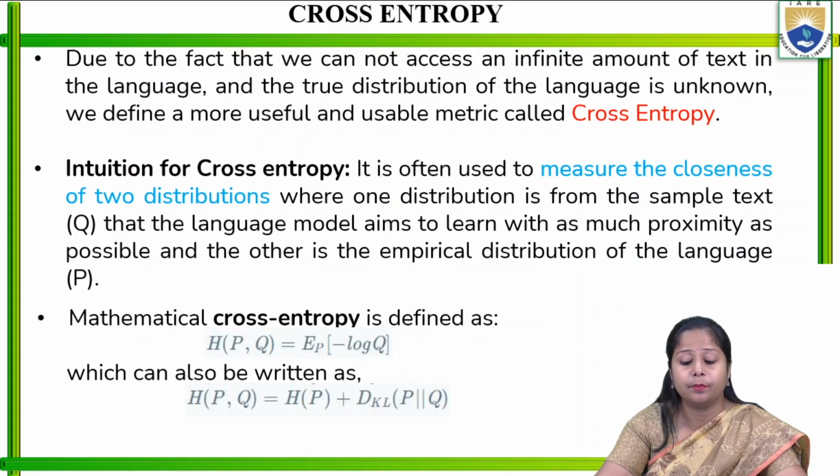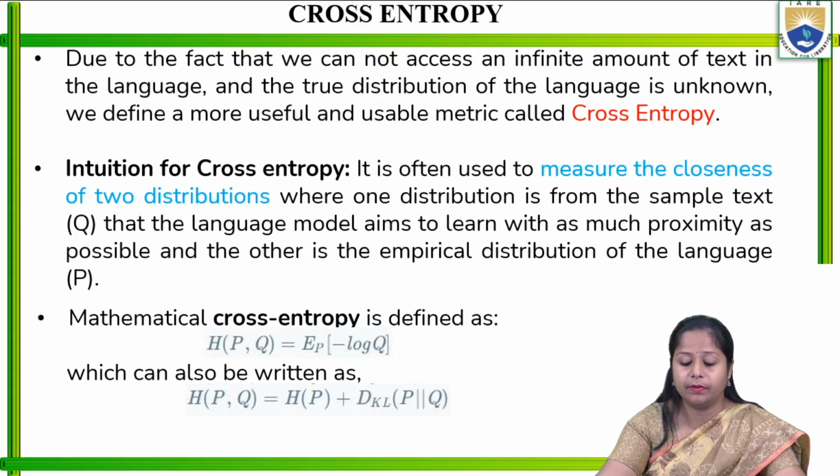Cross entropy is often used to measure the closeness of two distributions, where one distribution is from the sample text Q that the language model aims to learn with as much proximity as possible, and the other is the empirical distribution of the language, capital P.